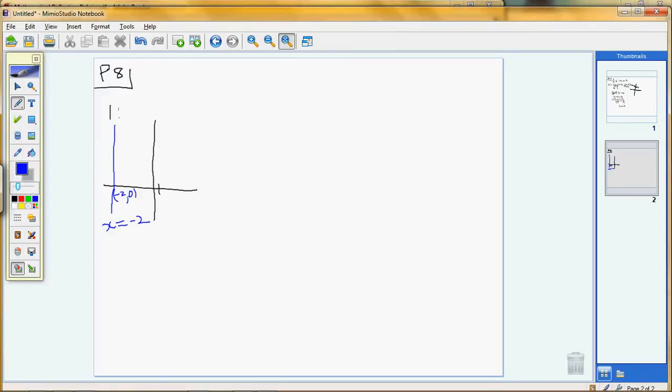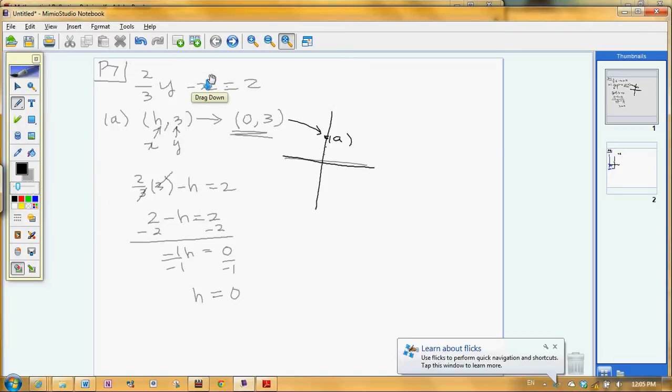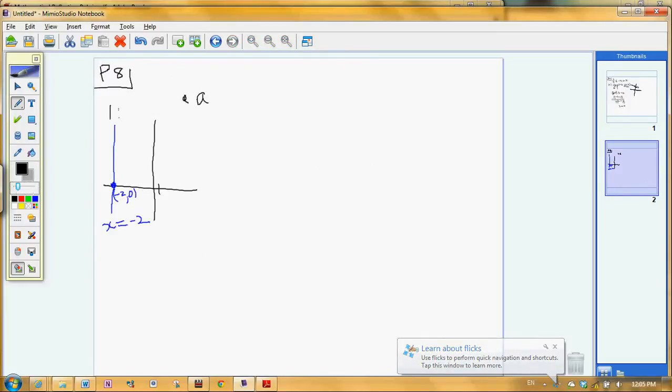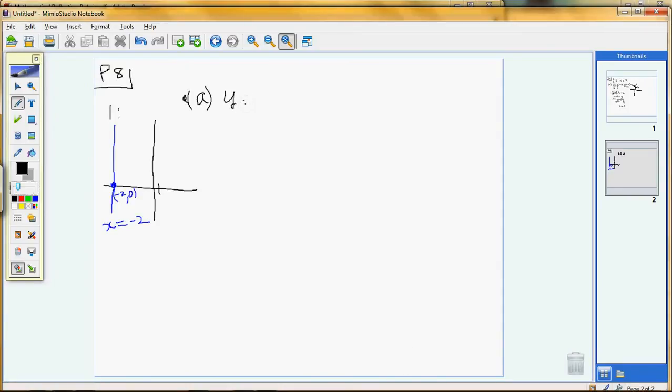Now, you're going to take any point on this line. For example, let's just take negative 2, 0. And then we're going to plug that into the other equations. So, equation A, we have y equals negative 2, which we can rewrite as 0 times x plus y equals negative 2.